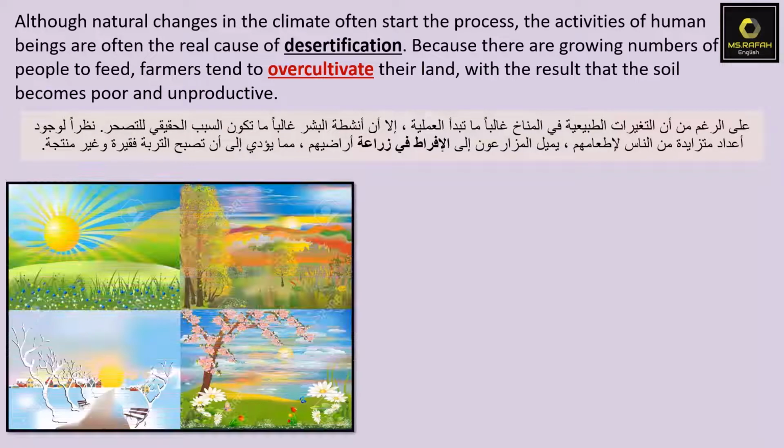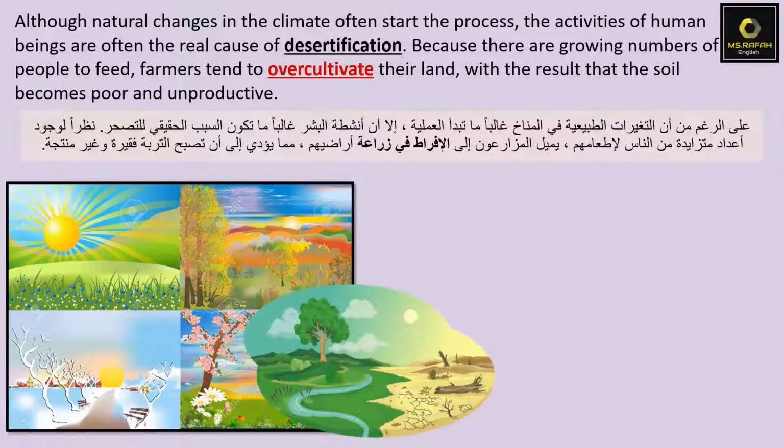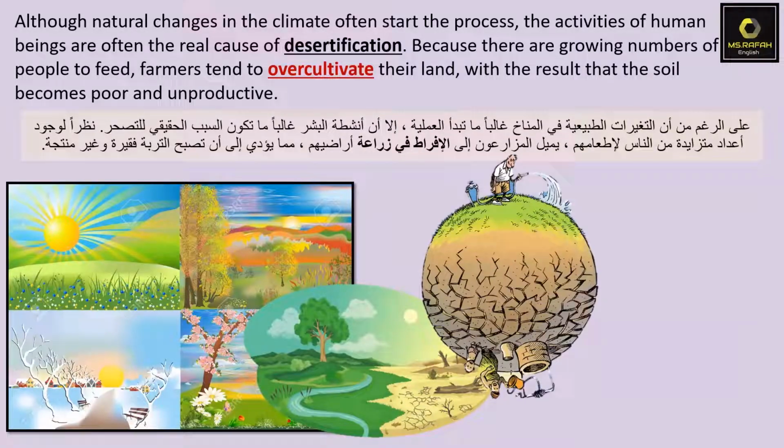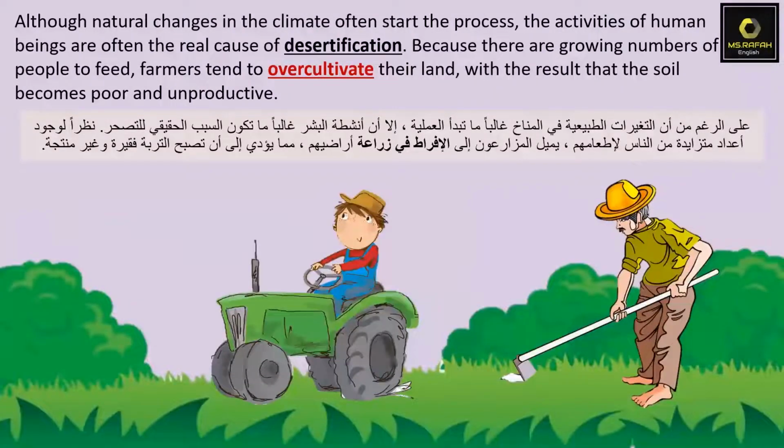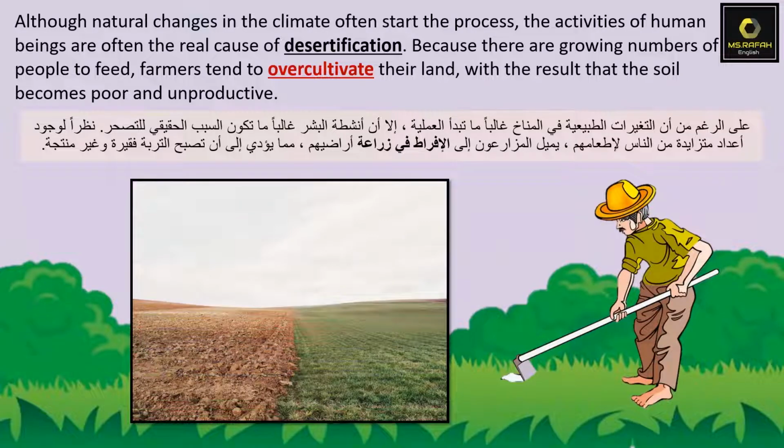Although natural changes in the climate often start the process, the activities of human beings are often the real cause of desertification, because there are growing numbers of people to feed. Farmers tend to over-cultivate their land, with the result that the soil becomes poor and unproductive.